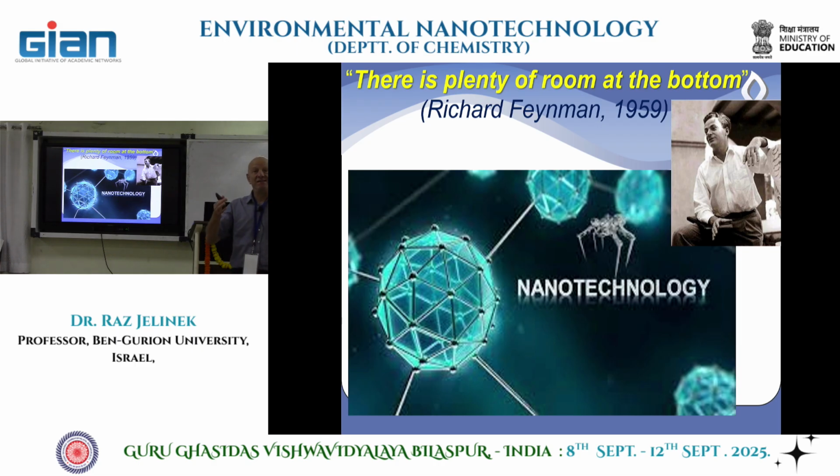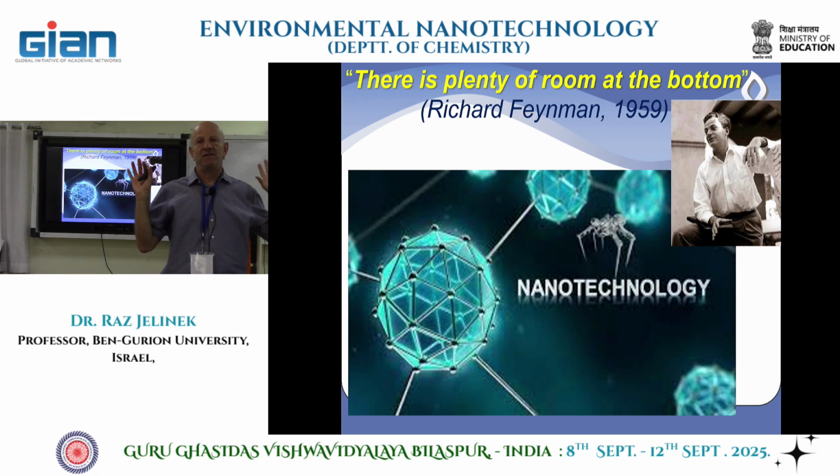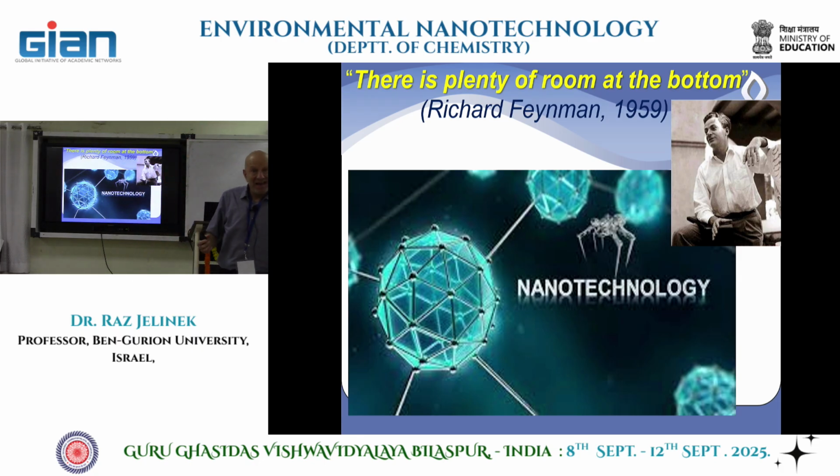He's really one of the main scientists for quantum physics. And in 1959, he wrote this article that was really not scientific, just like a story. And in this article, he said this sentence, "There is plenty of room at the bottom."